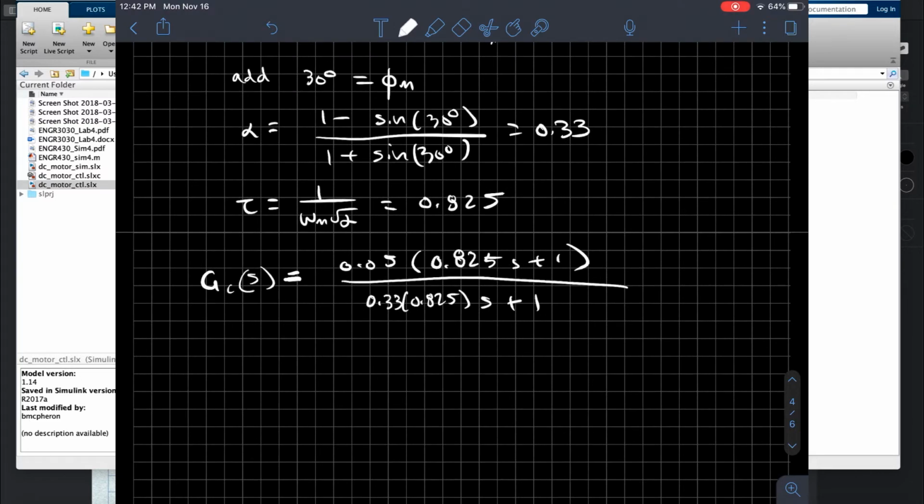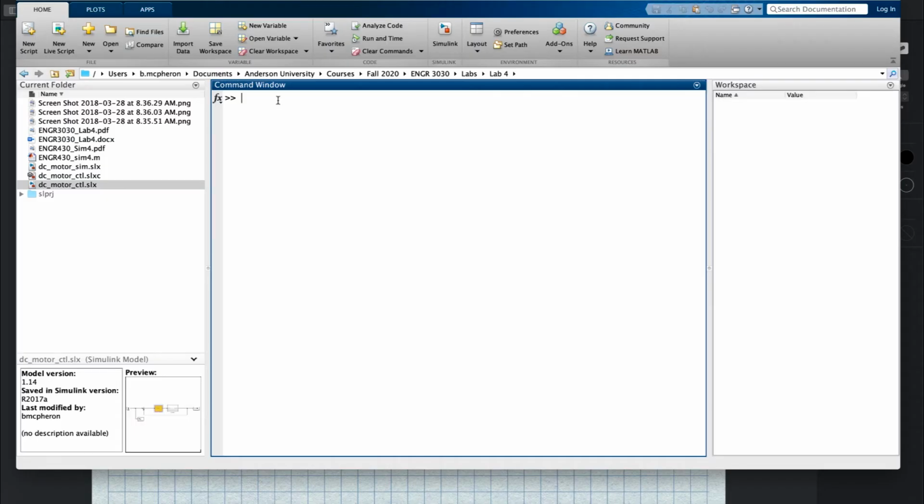And so what I'm going to do is go back to MATLAB and try this out. Okay, so now I'm going to repeat that margin command, except I'm going to add a new GC in there. GC is equal to the transfer function of 0.05 times [0.825, 1].